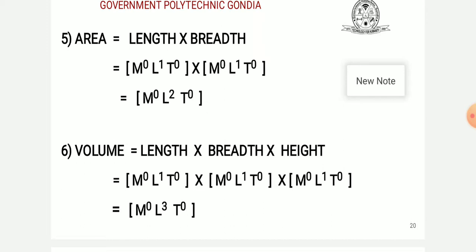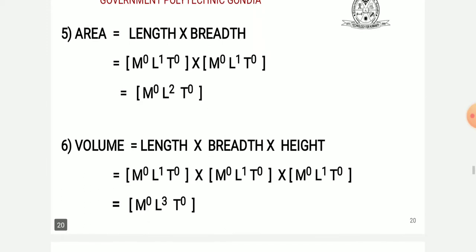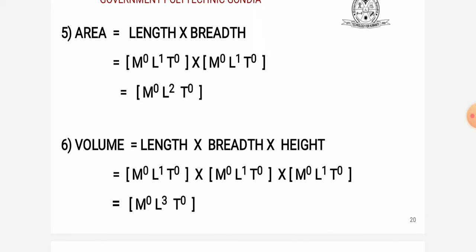Now the next one is volume. The formula for the volume of a cube is length into breadth into height. The dimension of length is L raised to power 1. The dimension of breadth, as it is a length, is also L raised to power 1. There is no mass, there is no time, therefore they are zeros. Similarly, height is nothing but a length, therefore L raised to power 1, and there is no mass and no time, therefore their powers are 0.